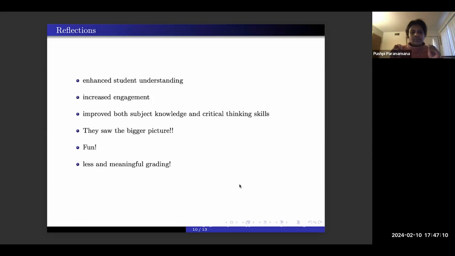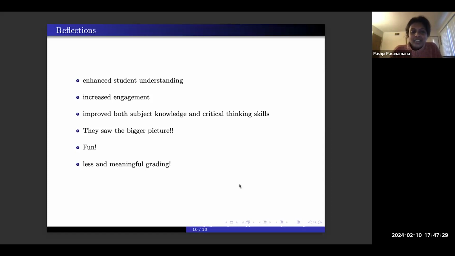They had to solve, they had to interpret, they had to present also. They saw the big picture of differential equations, the beauty and the applicability. And then they thought it was fun. I thought it was fun.